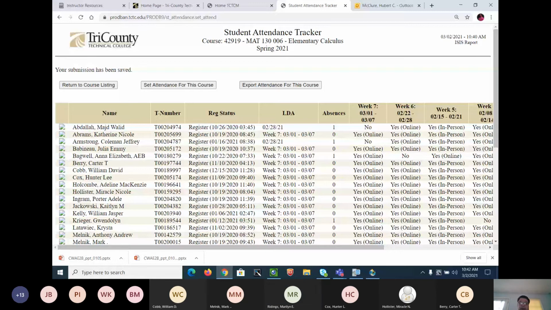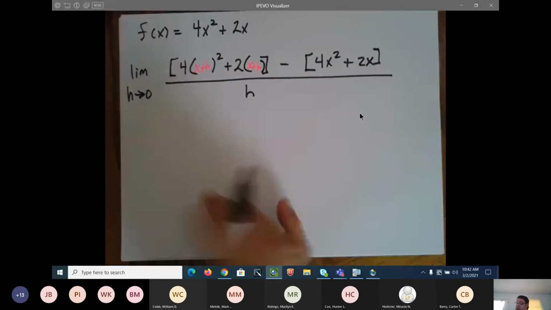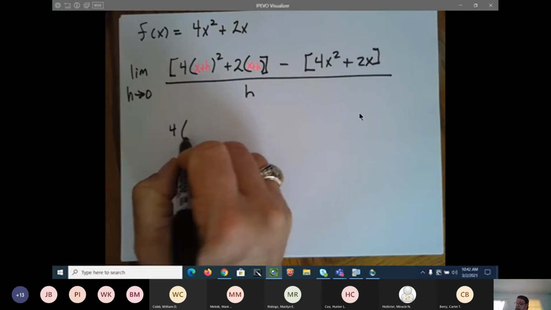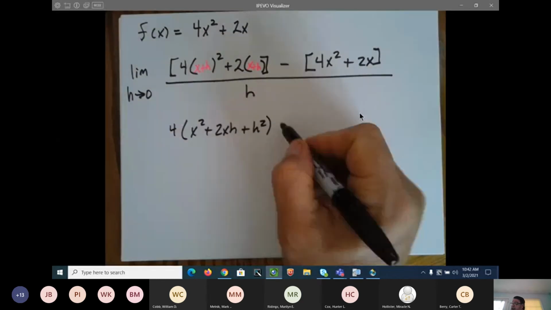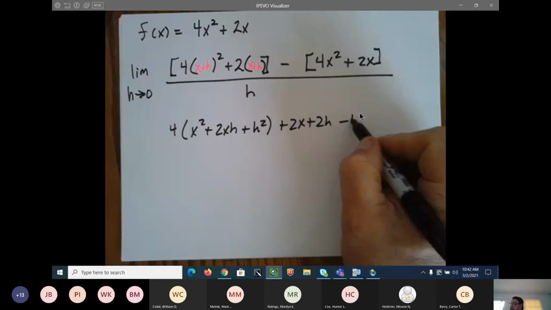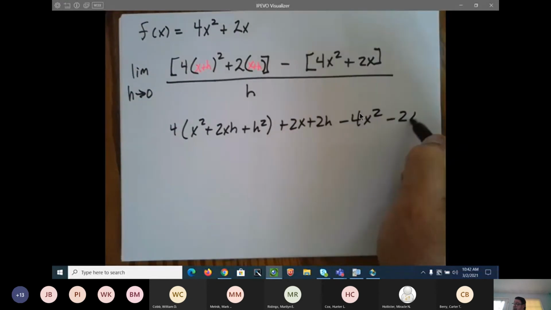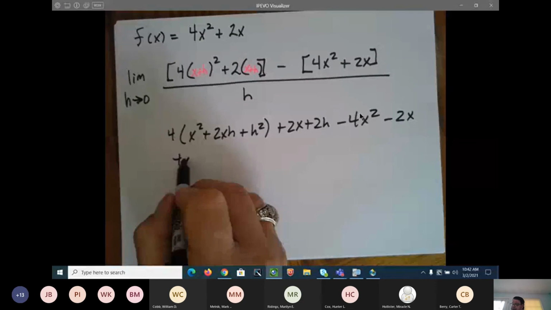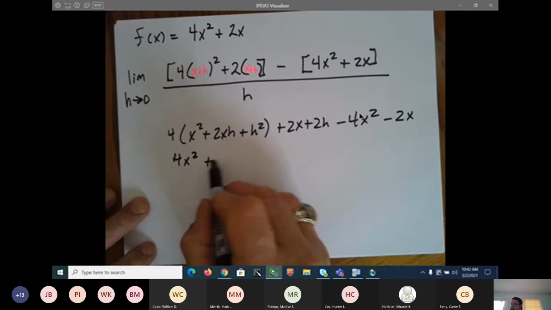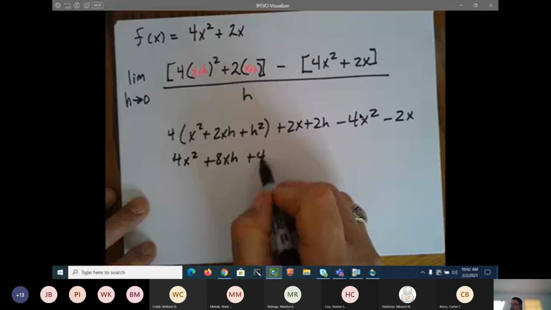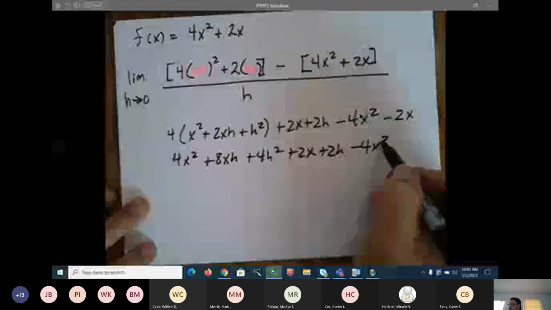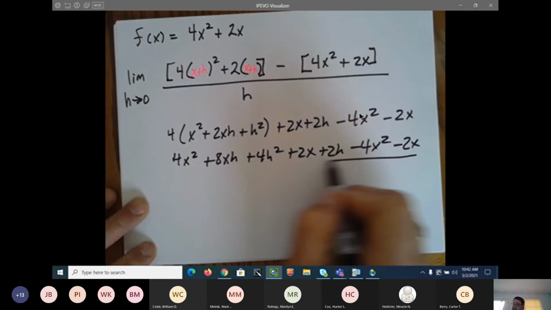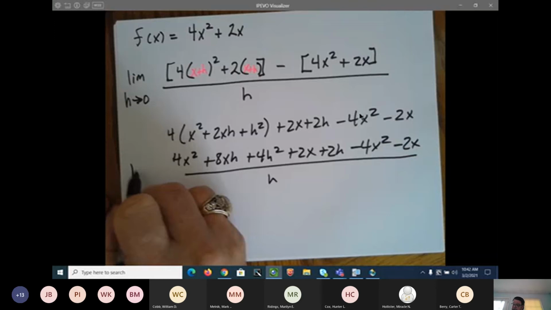Okay. All right. So here we go. And this is 4 times (x squared plus 2xh plus h squared) plus 2x plus 2h minus 4x squared minus 2x. 4x squared plus 8xh plus 4h squared plus 2x plus 2h minus 4x squared minus 2x, all over h, limit as h approaches 0.